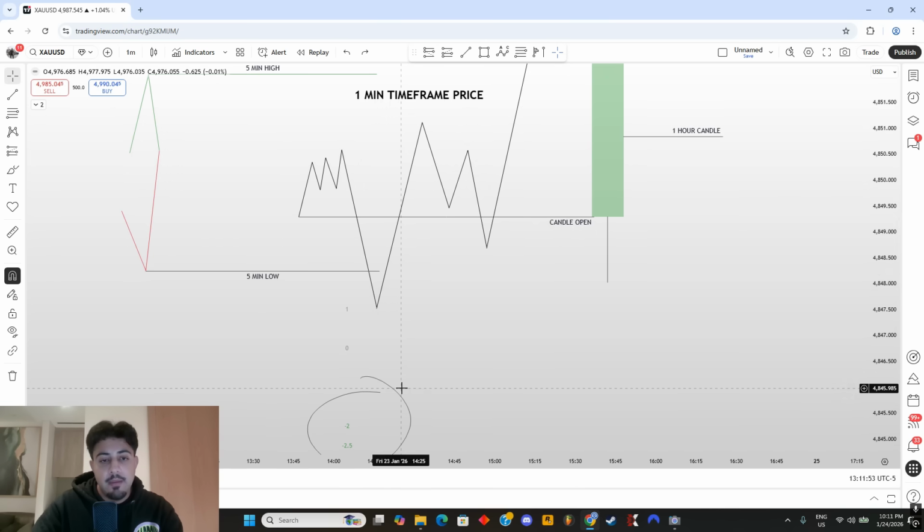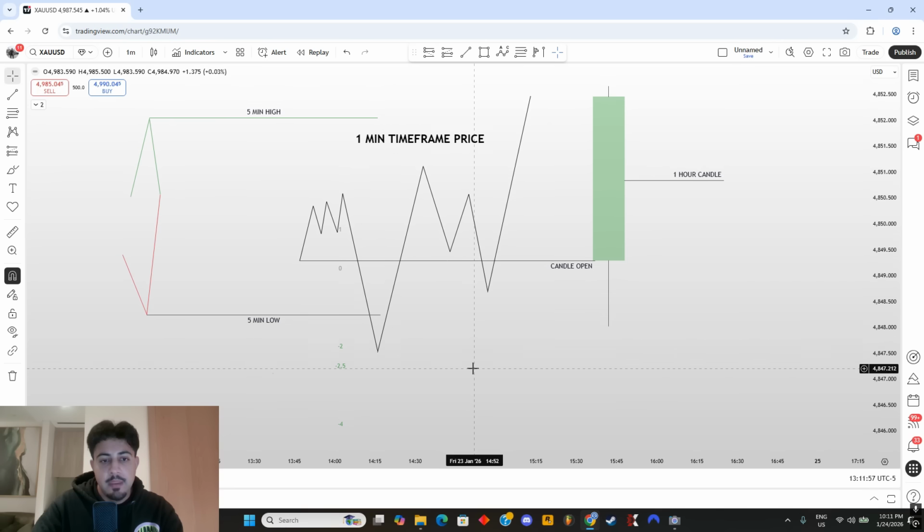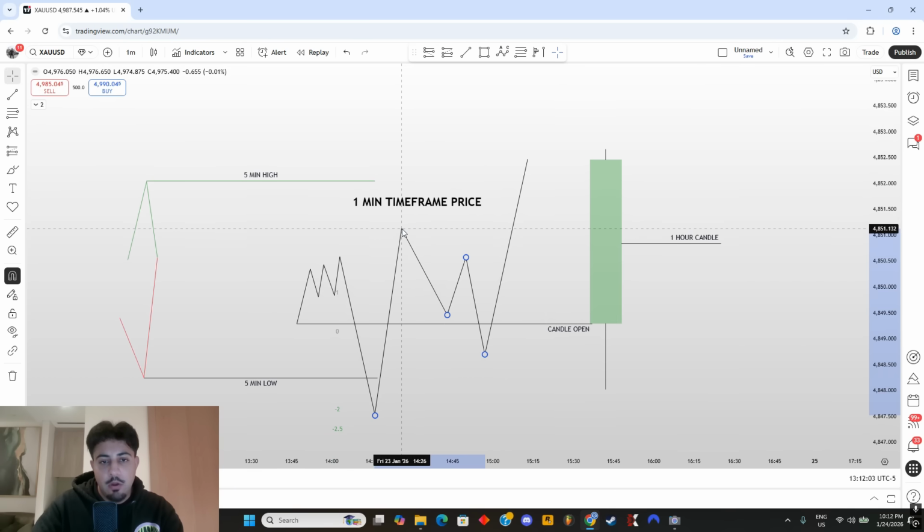But again, if you have something like this where price takes out the 5-minute low and taps into the -2, -2.5, the next step from here onwards, guys, is a market structure shift or some form of confirmation. Now, this could be an inverse fair value gap, a breaker block entry, or something like that. So over here, you can see we have a market structure shift.